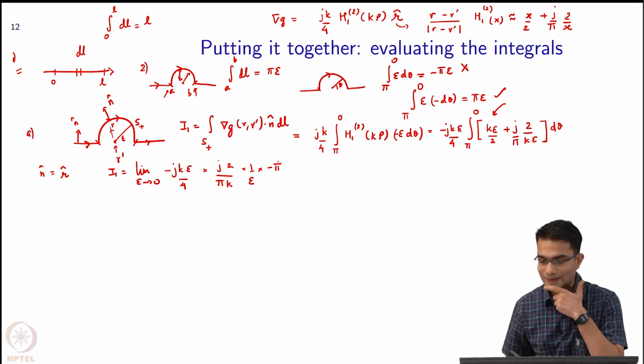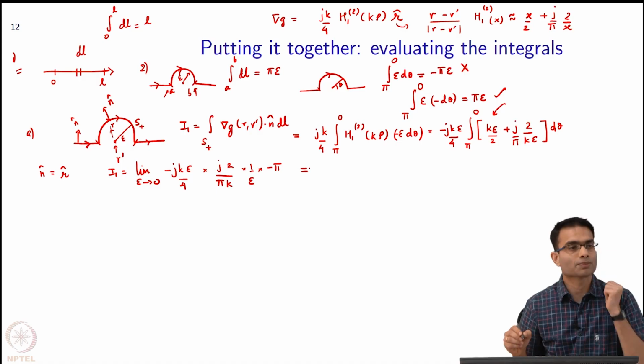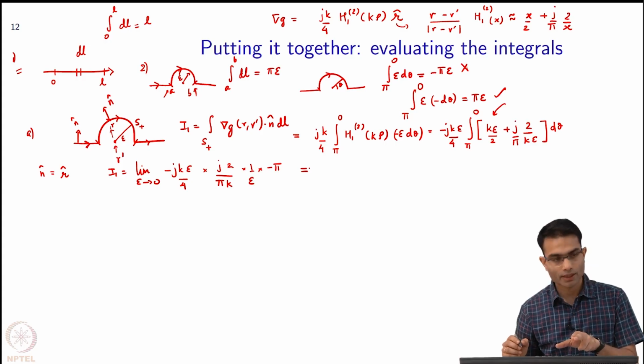Right. That's the only thing that is left. So, what has happened to the epsilons? Epsilons have gone away. k has also gone. Right. There is a minus j into j, that is plus 1, and left with a minus 1.